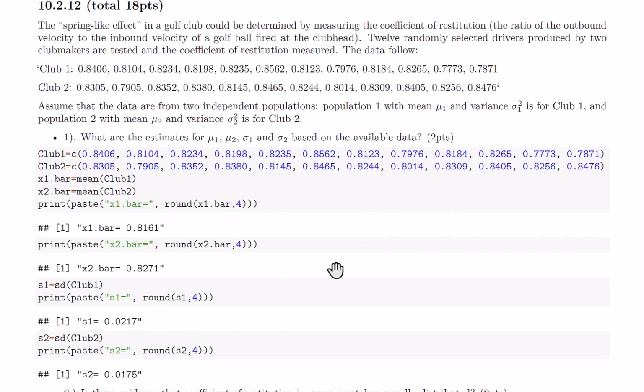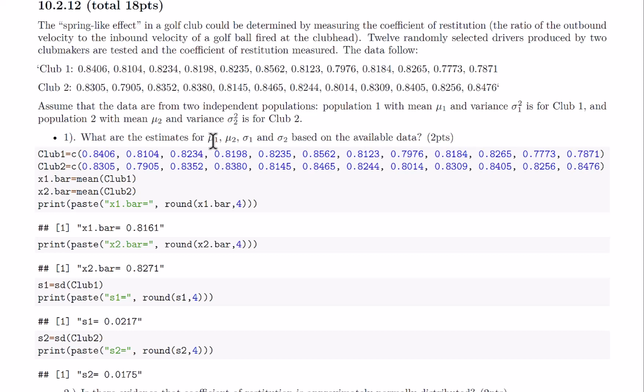So here, what are the estimates for mu1, mu2, sigma 1, sigma 2? Because we do not know any of those four population parameters, but we do have these two samples, we just use the sample counterparts to estimate the population parameters. That's the whole idea we have adopted for the whole semester.